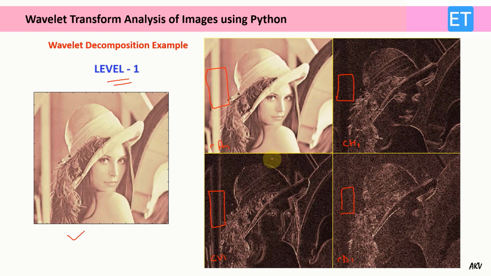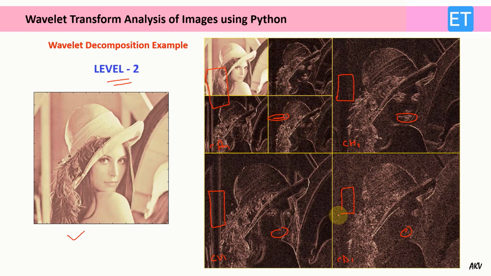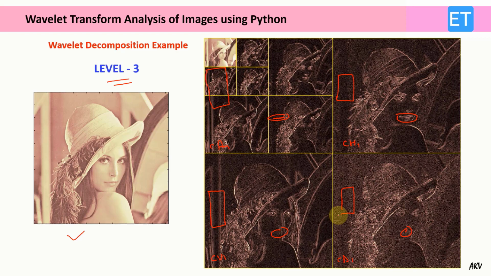Similarly, you can see, for example, this lip line, which is horizontal, is more prominent in the horizontal coefficients, while it is completely missing in vertical and diagonal. So that's the beauty of the wavelet transform. And this is the second level decomposition of the image, and this is the third level decomposition of the image.